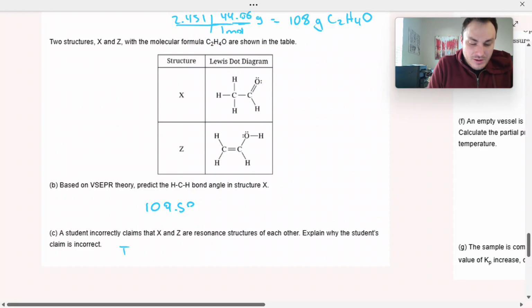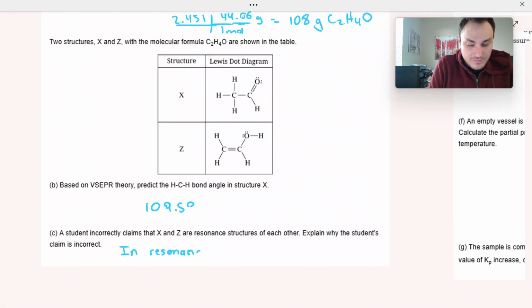So in resonance, I'll just say the skeleton of the structures must be the same.